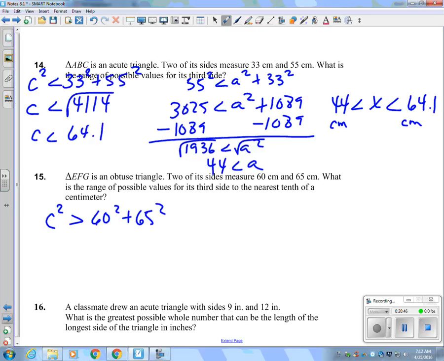Let's see what that'll come out to be for C. 60 squared plus 65 squared. Square root it. I get 88.5 for C. It has to be greater than 88.5 for it to be obtuse.